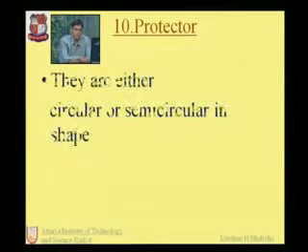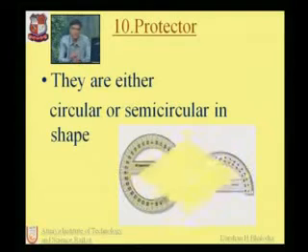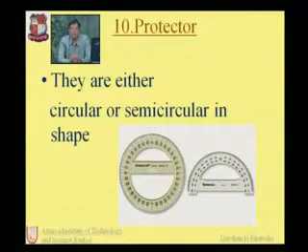Now the next one is the protractor. The protractor is used to draw a line at any angle. As the figure shows, it consists of two types.